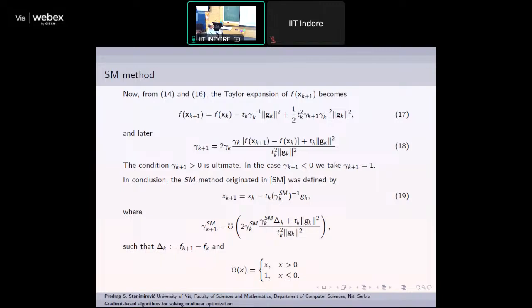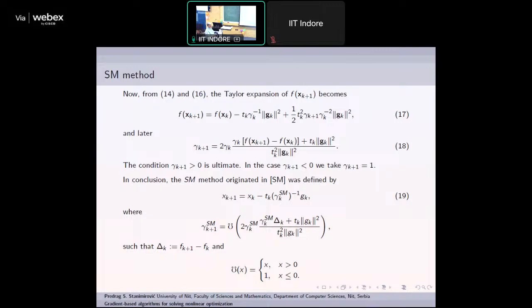Theoretically, it was fine, 18 was fine, but practically during iterations, we sometimes obtain negative values or 0 for gamma k plus 1. Theoretically impossible, but numerically, during some round-off errors, it was possible. And we wanted to prevent these situations.